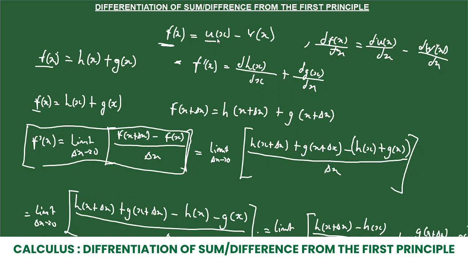So you differentiate this one separately, you differentiate this one separately, then you subtract. That should be the answer. Let's take an example.